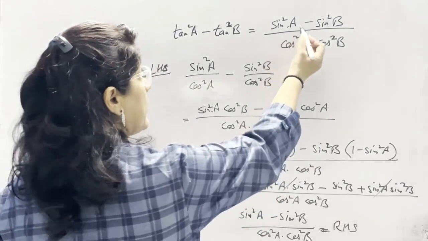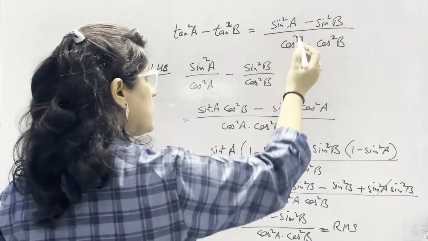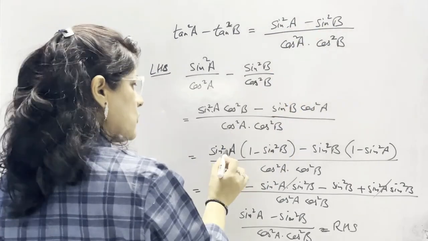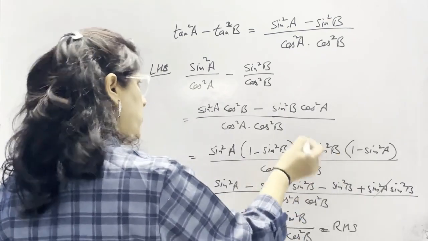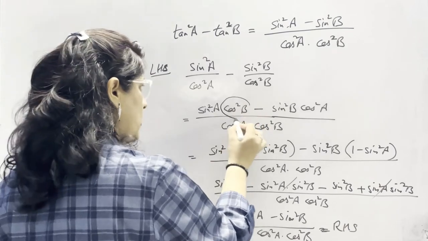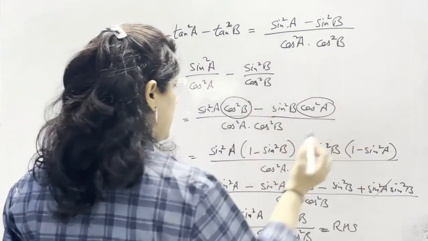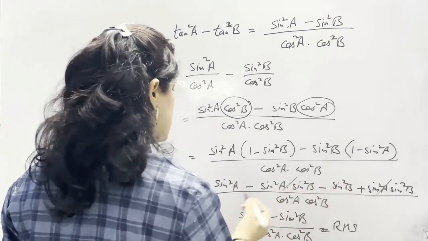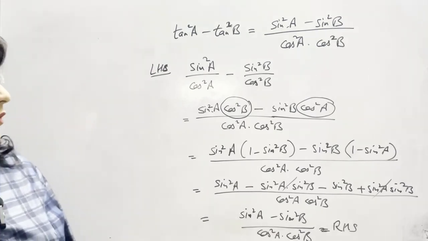Take care that in the right hand side sin square A and sin square B is there, so we do not put identity instead of these two. So we left sin square A as it is and sin square B as it is, and put identity at the place of cos square B and cos square A. 1 minus sin square B and 1 minus sin square A, these terms will get cancelled and we will get ultimately sin square A minus sin square B in the numerator.